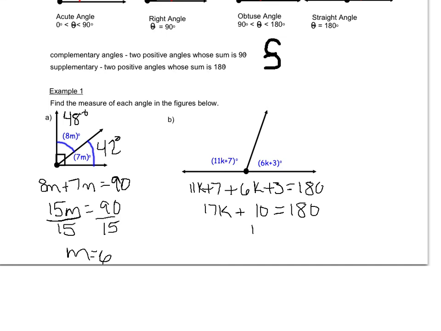Subtract the 10 over, and we have 17K equals 170. And then when you divide by the 17, you get K equals 10. So when we plug that back in, we get 117 degrees and 63 degrees. And when you add those two together, they do add up to 180, so we know we're right.